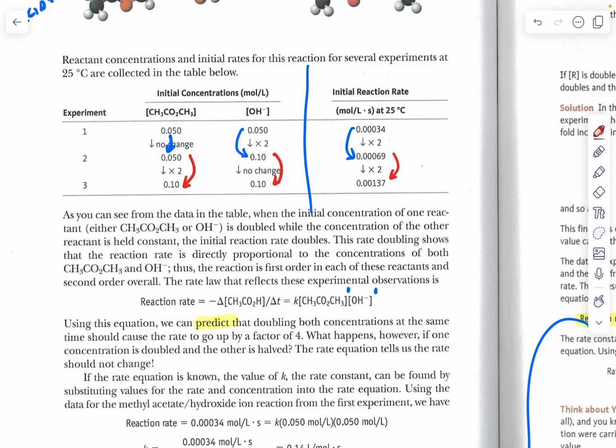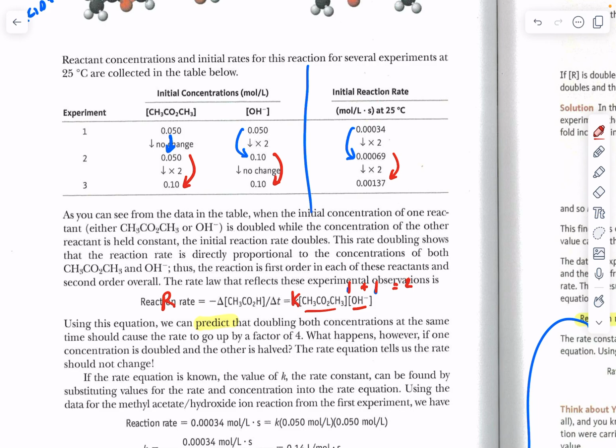That means that in the rate law, my rate is going to equal some constant times the molarity of my methyl acetate to the first power and the molarity of my hydroxide, sodium or potassium hydroxide, also to the first power. So my reaction is first order with respect to methyl acetate, first order with respect to the hydroxide, and overall, it's going to be a second order reaction.